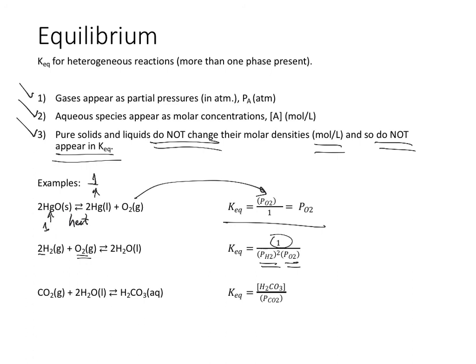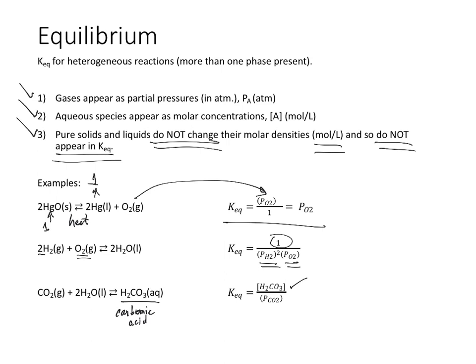Our last example is the reaction of CO2 dissolving in water to form carbonic acid. Again, a little nomenclature here: this is carbonic acid, C-A-R-B-O-N-I-C. Notice my only product is an aqueous species, so I have the concentration of H2CO3.